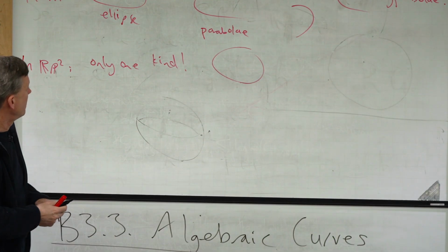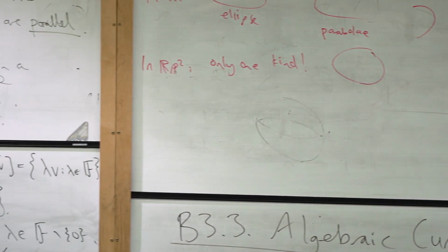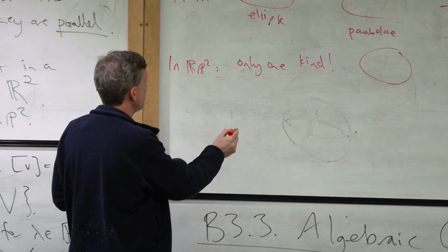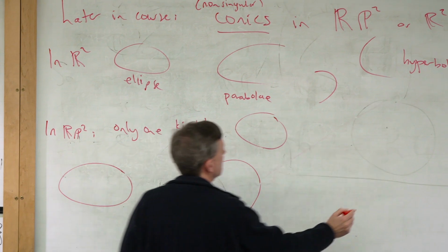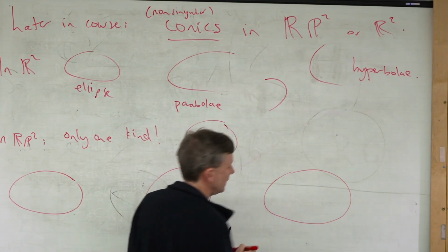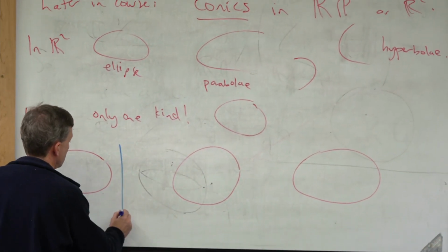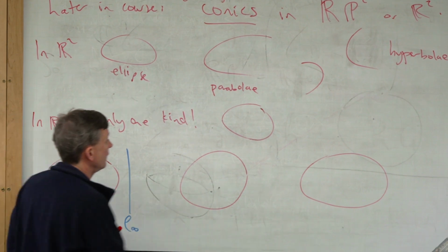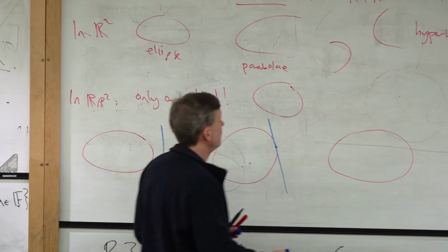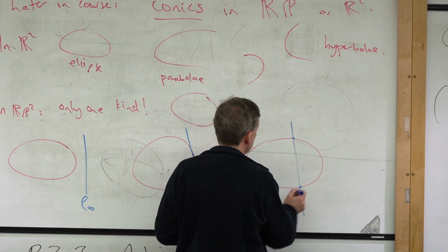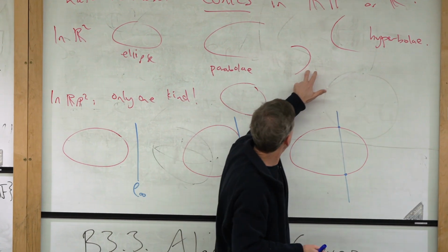But then what you get in R^2 depends upon how this conic is intersecting with the line at infinity. For the ellipse, the line at infinity misses it. For the parabola, the line at infinity hits it at one point. For the hyperbola, the line at infinity hits it at two points, and therefore there are actually two chunks of curve in R^2 corresponding to the two pieces of your hyperbola.